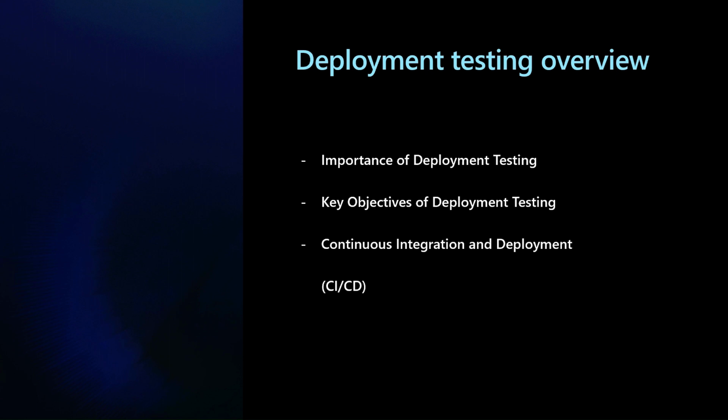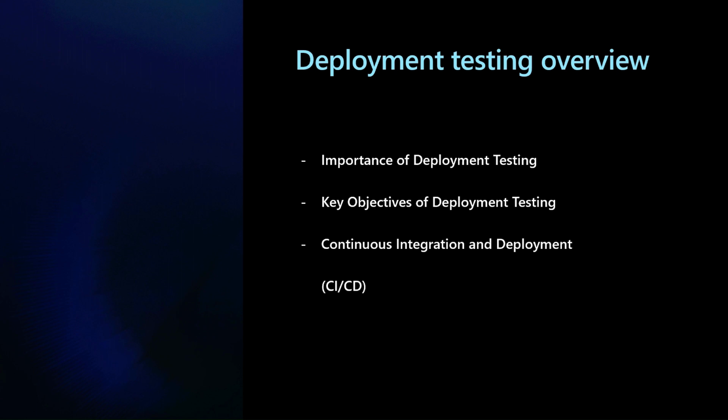We then have performance assurance. It's not just about functionality. Deployment testing also assesses how well your system performs under various conditions. This includes checking response times, resource usage, and handling concurrent users. We then have data integrity. When you're updating or migrating systems, ensuring data integrity is crucial.